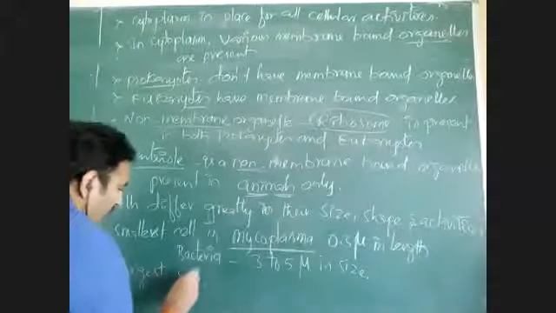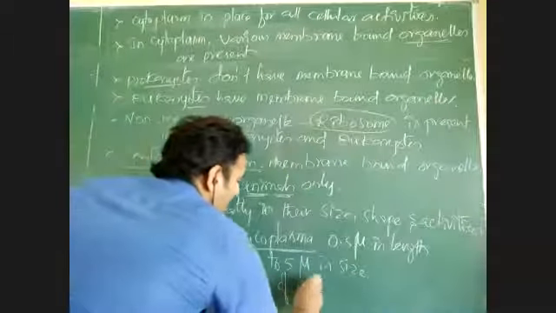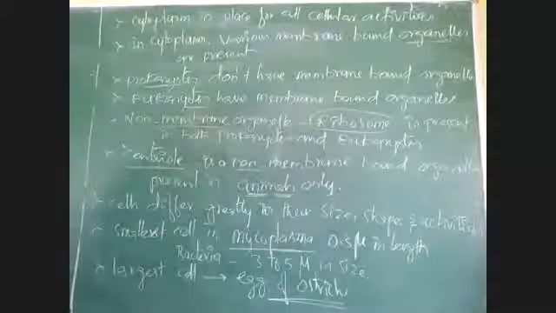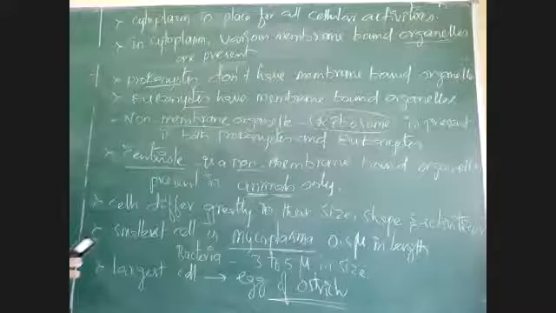What is the largest cell? The largest cell is the egg of ostrich. Ostrich is a bird, you know. In that bird, during reproduction, it produces some eggs. That egg cell of ostrich is the largest cell.